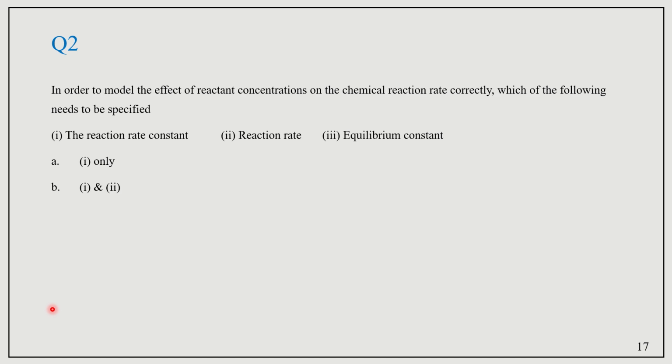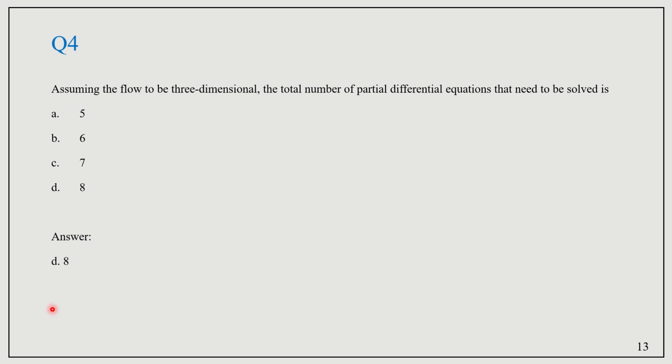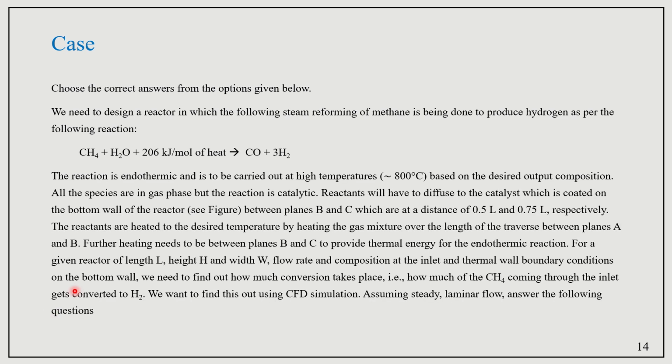Let us go and read the statement correctly so that it is more clear. The reaction is endothermic and is carried out at a higher temperature based on the desired output composition. All species are in gas phase, but the reaction is catalytic.